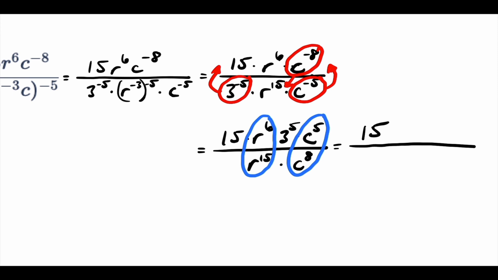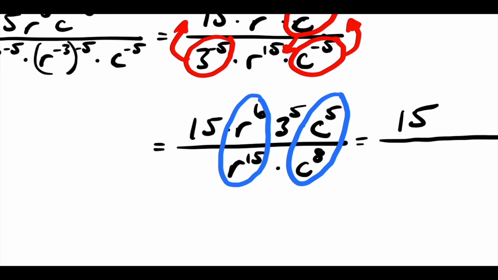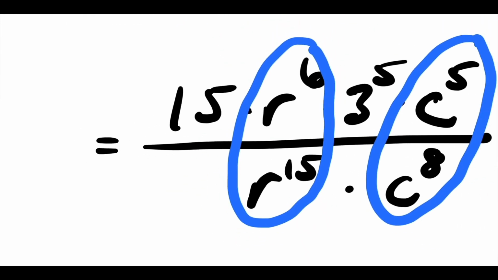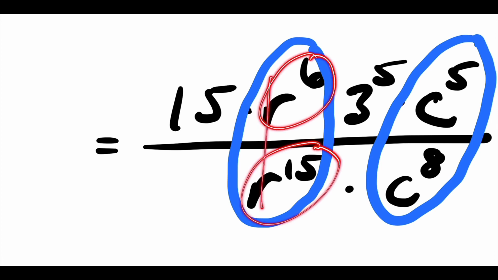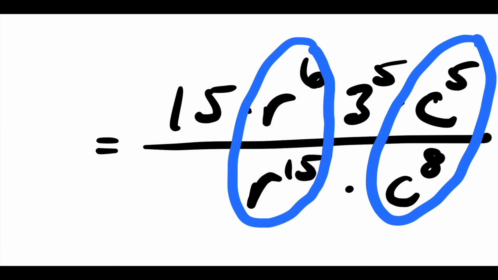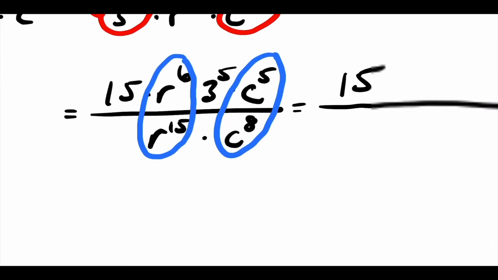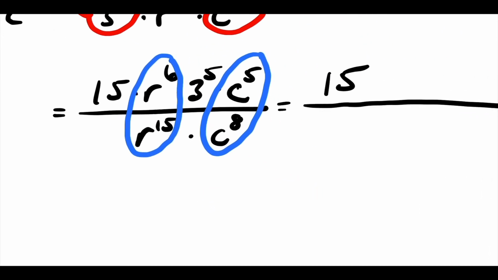How many R's would be left over when I canceled out? There'd be some left out because I have 6 up here, right? I have 15 there. So 6 would cancel out. How many would be left over? Would be 9, right? 9 would be left over. And those 9 would be on where? Top or bottom? Bottom. So we have R to the 9th.